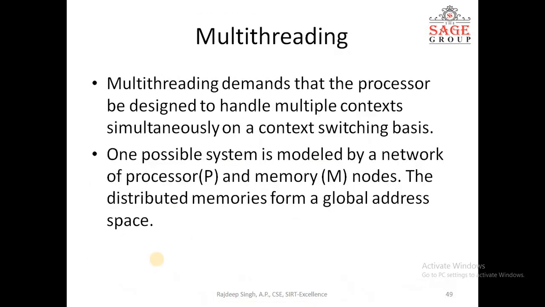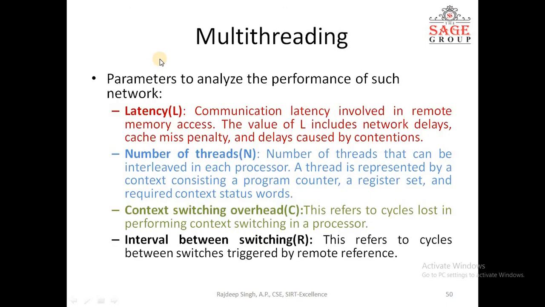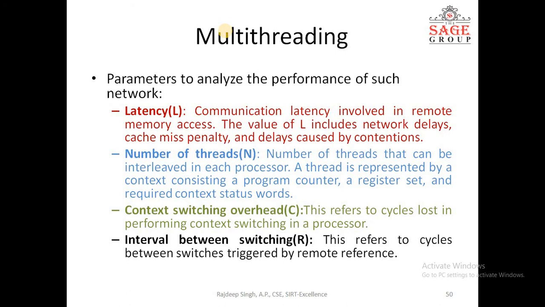And then in the last part we took a look at the concept of multi-threading and the parameters used to analyze the performance of such a network, and the machines which handle multi-threading are called multiple context processors. So this is all about unit 4.